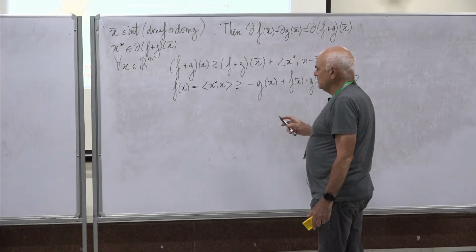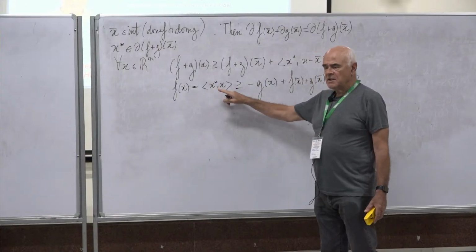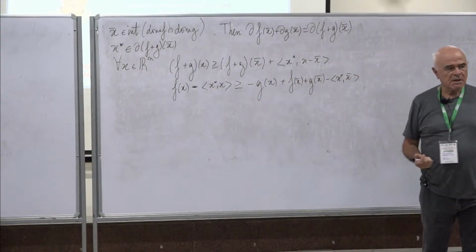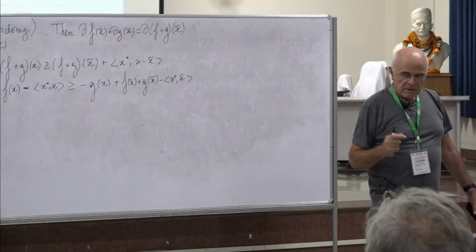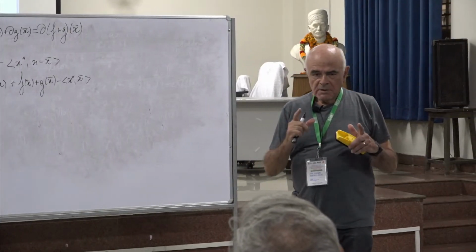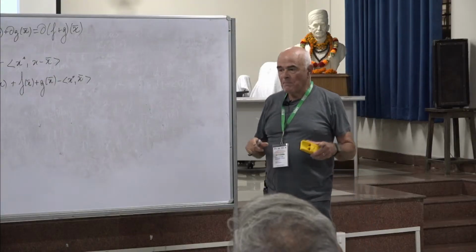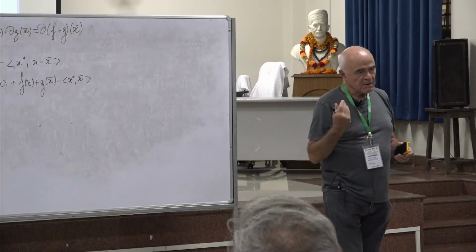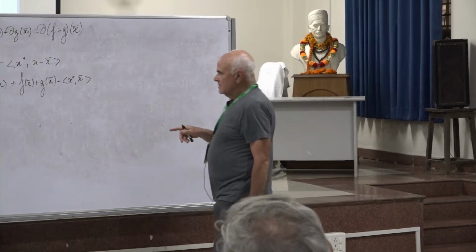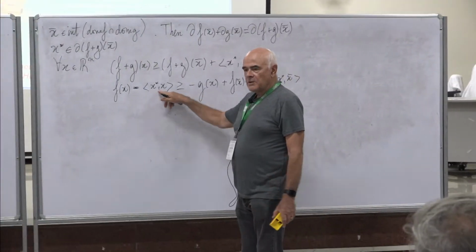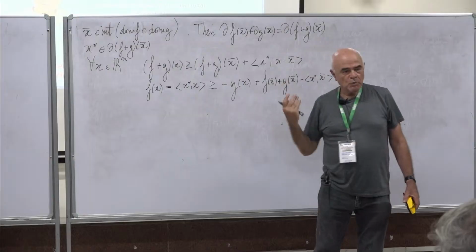Well, this is correct. In fact, I could have moved x star x to the right-hand side. This does not change anything. But I was checking what I had in the notes, in case I get into troubles, I have something to compare. Okay, so then I put x star x on the left, although it could be on the right.